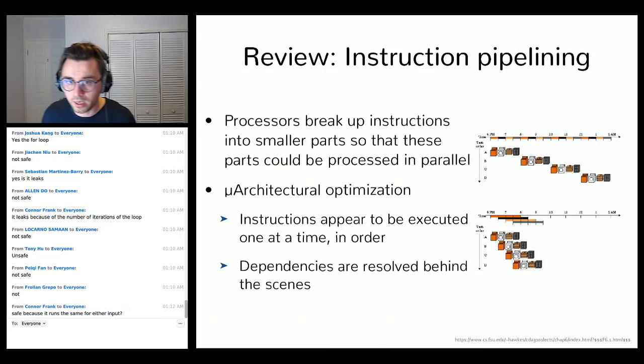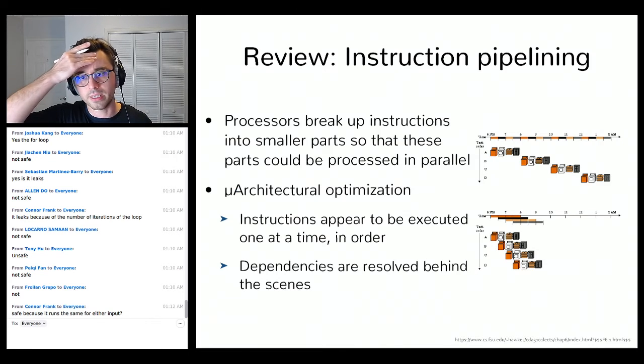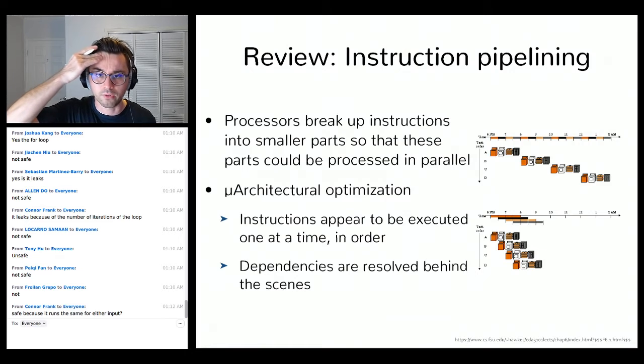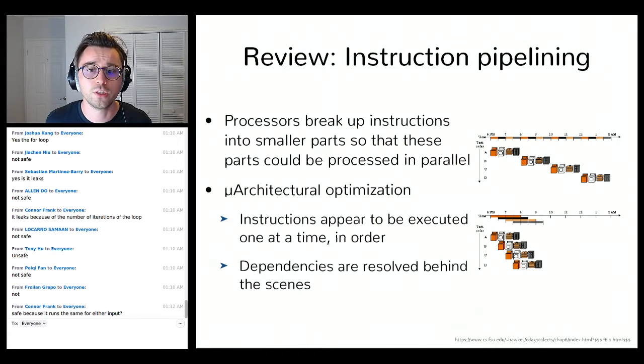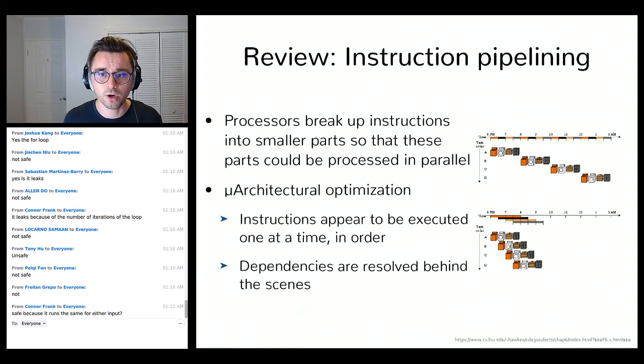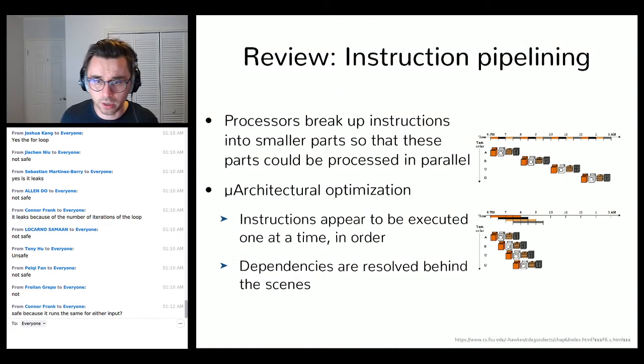The other thing before we get to Spectre is instruction pipelining. Processors break down instructions into small parts, and they do this because then we can run a bunch of these smaller parts in parallel. This is really an architectural optimization. At the ISA level, things appear to be executed one instruction at a time, in order.